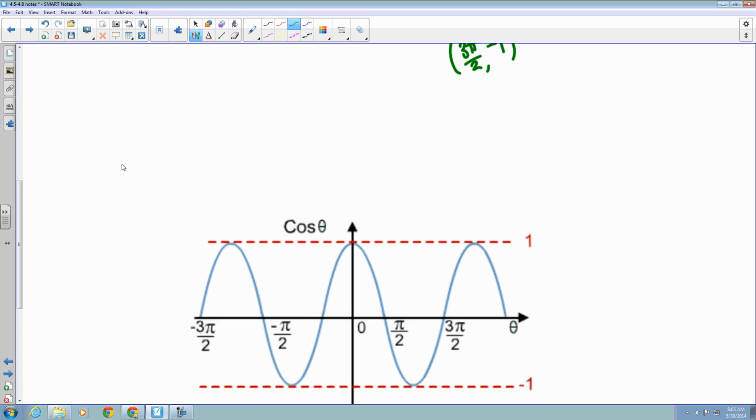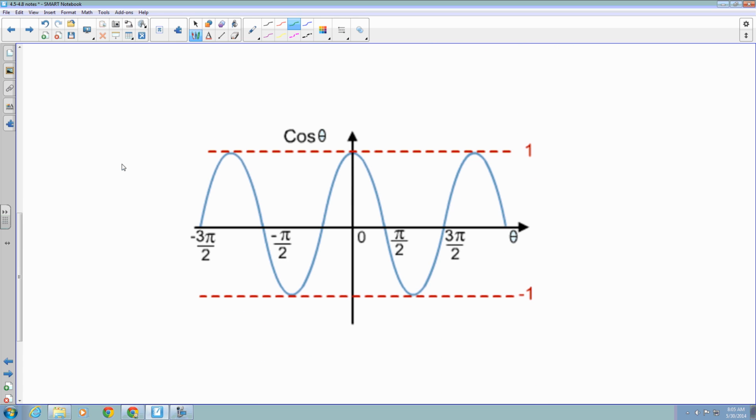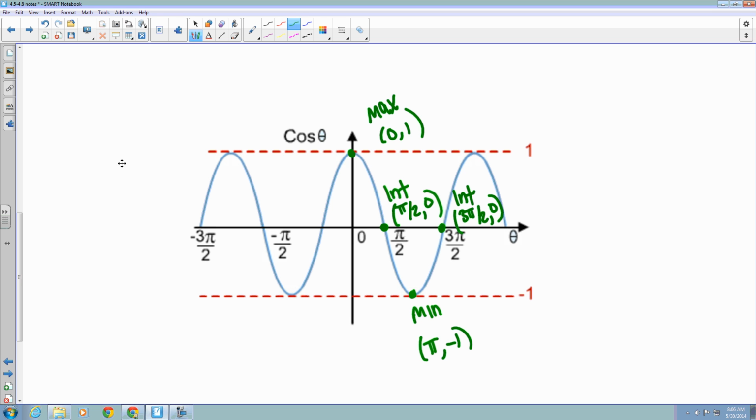So the 5 key points for the cosine function then, cosine function starts at the max, goes down to an intercept, down to a minimum, intercept, and ends at a max since it started at a max.